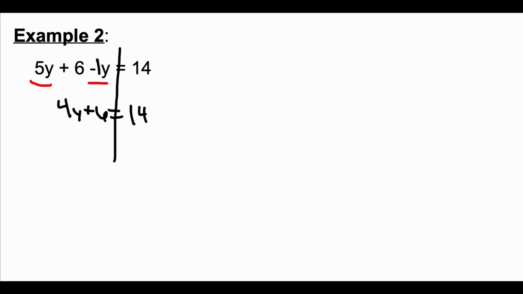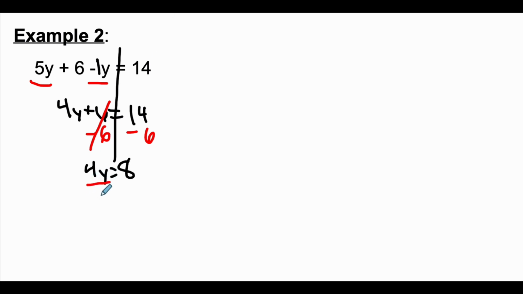And now we've got a two-step equation similar to what you've been doing the last few days. So the first thing I'm going to undo in this equation is I'm going to subtract 6, because that's the inverse of plus 6. And whatever you do to one side, you do to the other. And then on my left side, I have 4y remaining, and 14 minus 6 is 8. And then my last step is 4 times y.